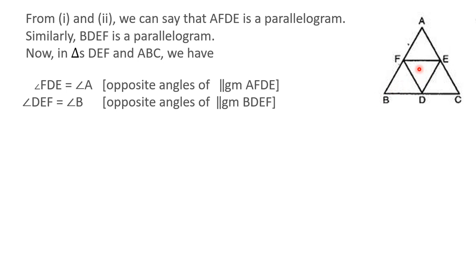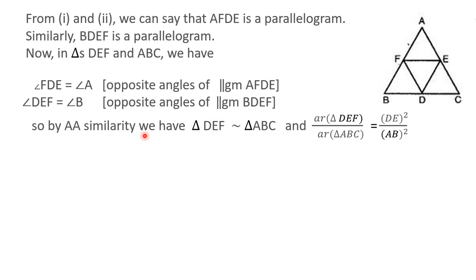Now in the small triangle DEF and big triangle ABC, we are getting a pair of two angles equal. Then by AA similarity, triangle DEF is similar to triangle ABC. And when we talk about the areas of these two similar triangles, area of triangle DEF upon area of triangle ABC is equal to DE whole square upon AB whole square.